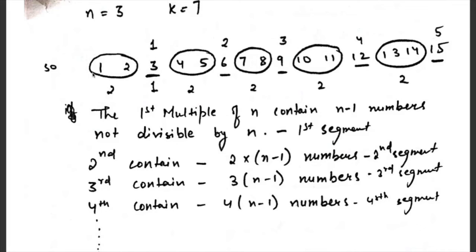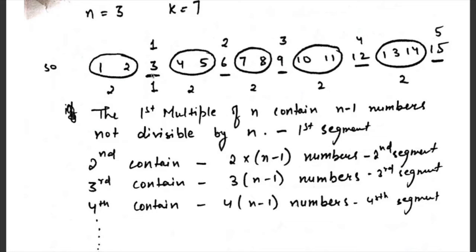All the numbers are at their correct positions. But after it, suppose k equals 3, then the third number is at the fourth position, shifted by 1. The fourth number is at the fifth position, shifted by 1. The fifth number is at the seventh position, shifted by 2, and likewise.